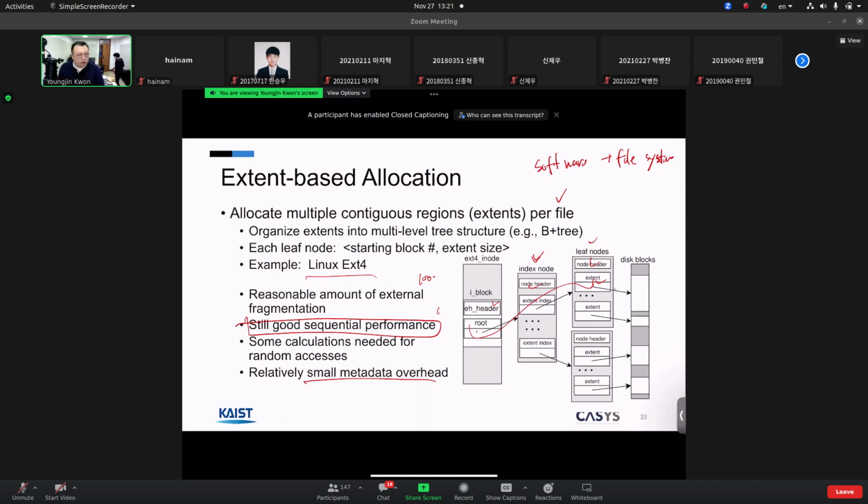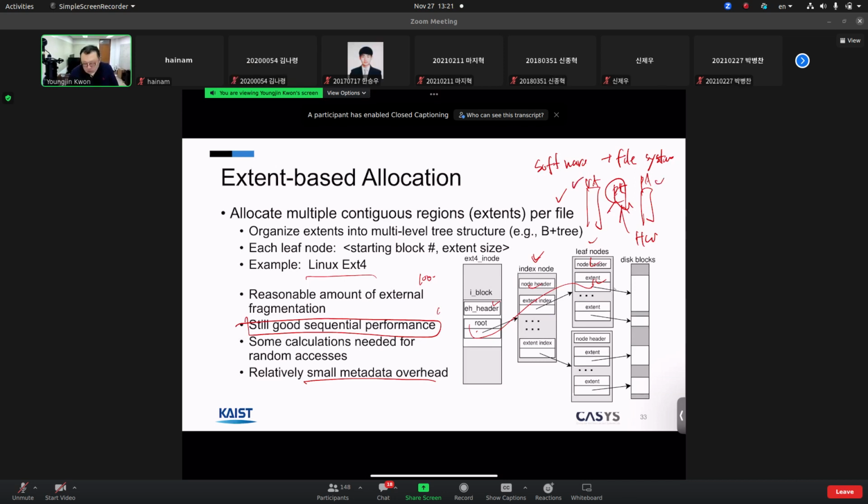Okay. Then recall that in virtual memory, the translation from virtual address to physical address through the page table is done by hardware, right? But in the file system, the mapping from file offset to physical block, managing and traversing this mapping, is done by software, particularly the file system.